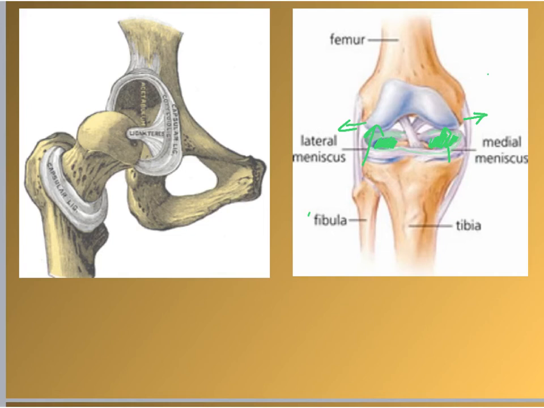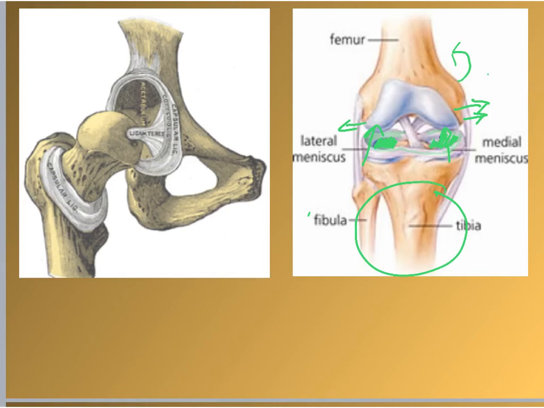When somebody suffers a torn meniscus, usually it's caused by the tibia being planted on the ground and then some sort of rotational movement above, where that femur rotates or with too much force makes a lateral movement like this, or even a twisting motion.